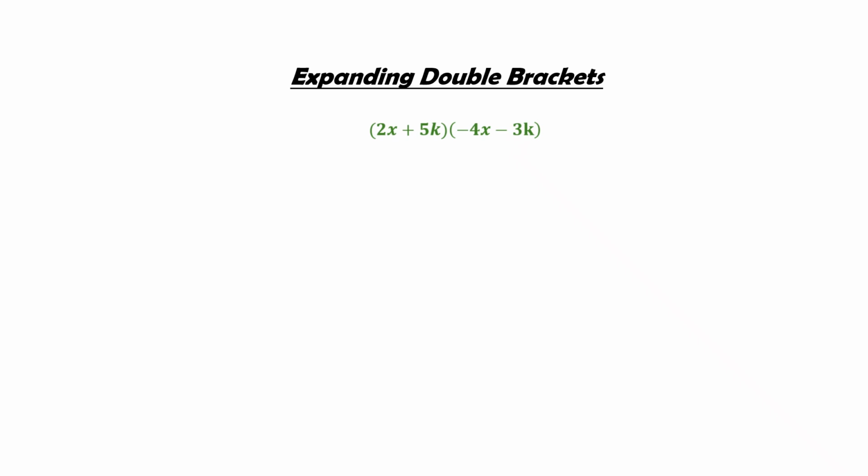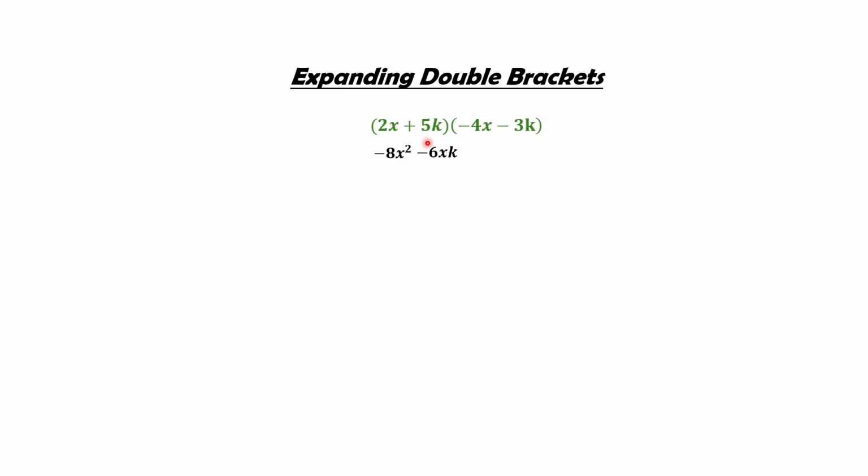This one here. So we'll do front, so 2x times negative 4x is going to be 2 times negative 4 is negative 8, and x times x is x squared, so it's negative 8x squared. And then outside, the 2x times negative 3k. 2 times negative 3 is negative 6, x times k is xk, so it's negative 6xk.